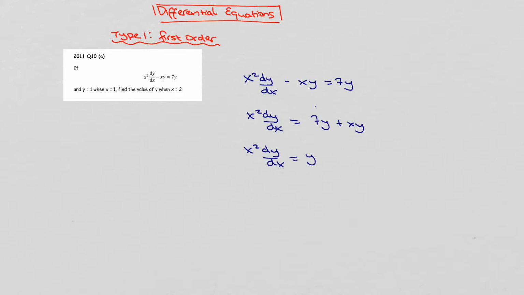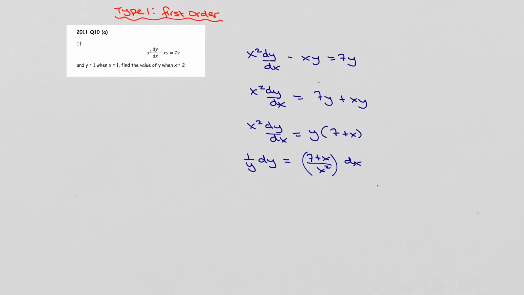And if I take out y as being common, I'm left with 7 plus x. And then I can divide across by y and multiply across by dx and divide across by x squared. So in other words, I end up with 1 over y times dy is equal to (7 plus x) over x squared, and that's times dx.